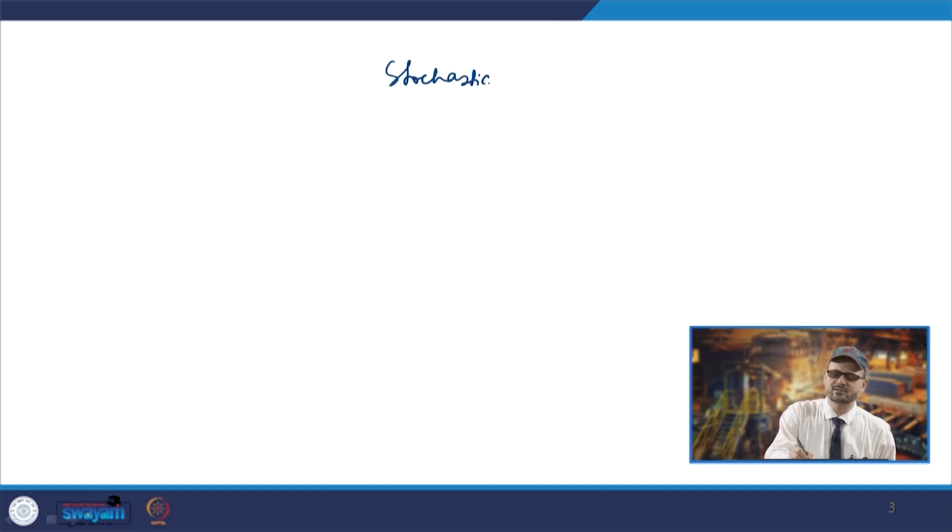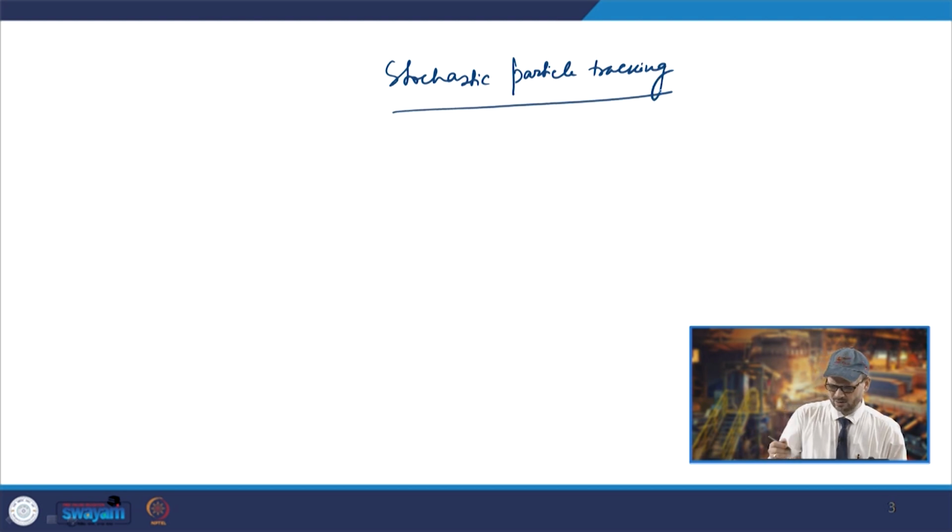You can see that if you take that random component and if you do not take the random component, there will be a visible difference when the modeling is carried out. So, in the case of stochastic particle tracking, you will have the trajectory tracking that is required especially in the case of turbulent flow.